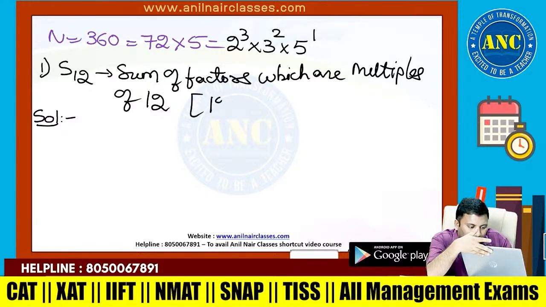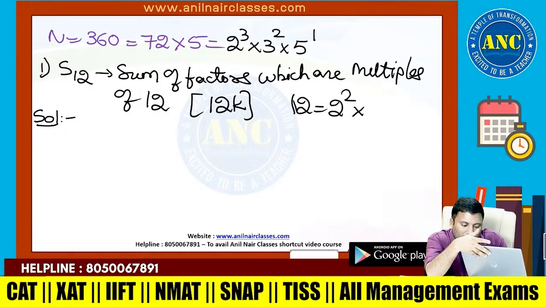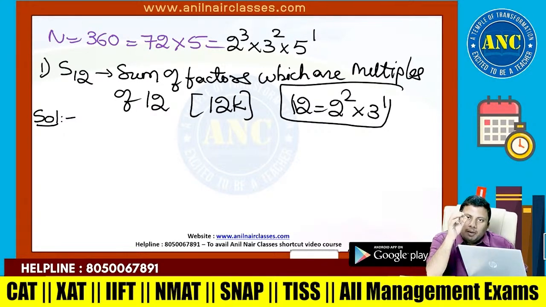Any multiple of 12 is of the form 12k. 12 is nothing but 2 square into 3 power 1. Minimum power of 2 to get 12 is 2 square. So instead of doing from 2 power 0, start from 2 square.